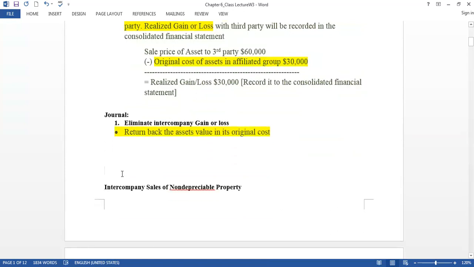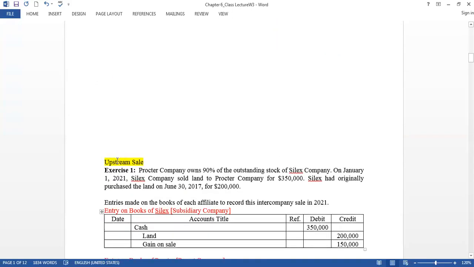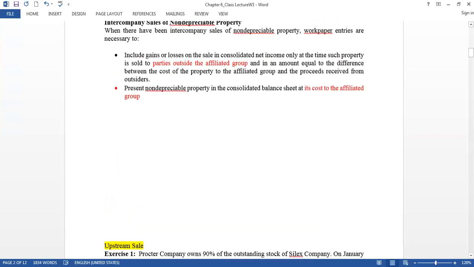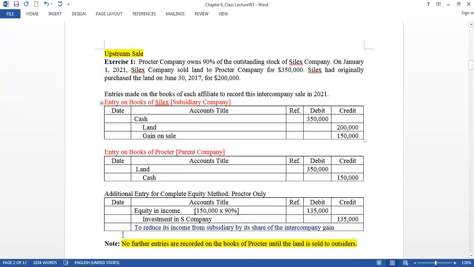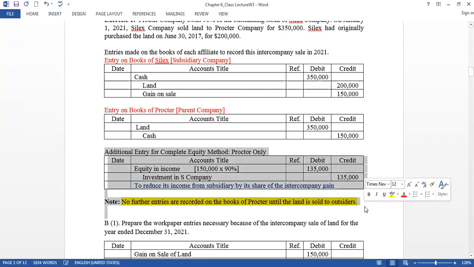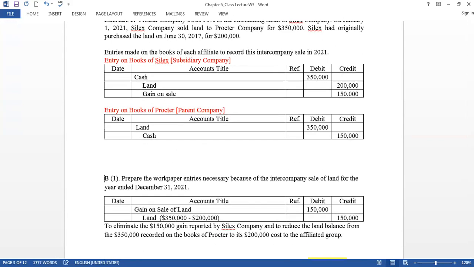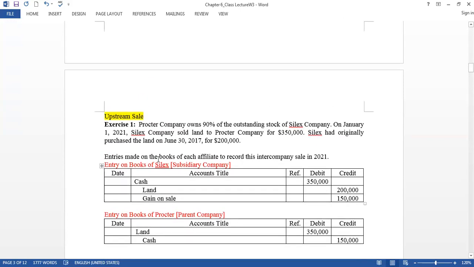Now we can see the question, to explain in more detail. Here you can delete this additional journal entry. It makes you confused, so delete this part. It is something confusing for you. Now first we are going to read the question.